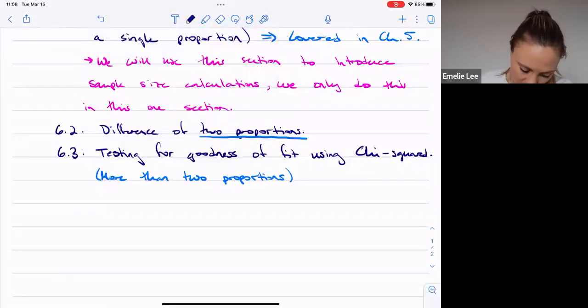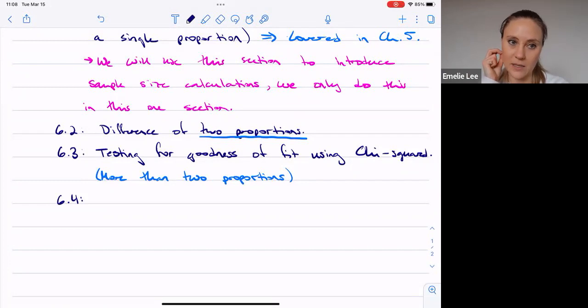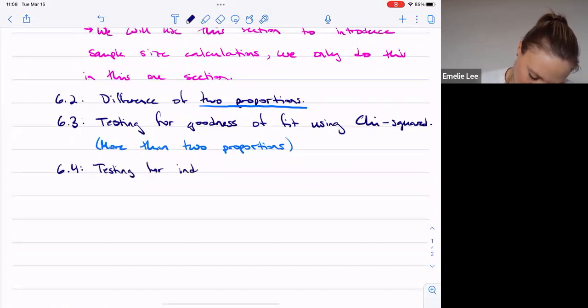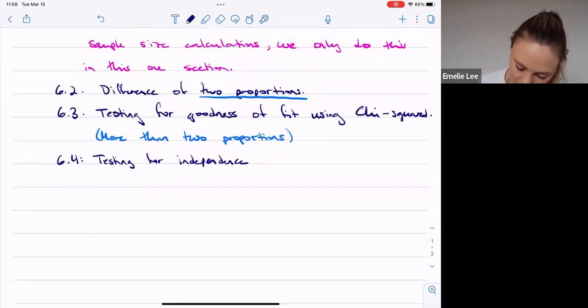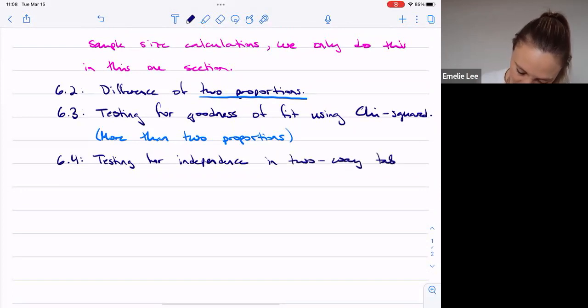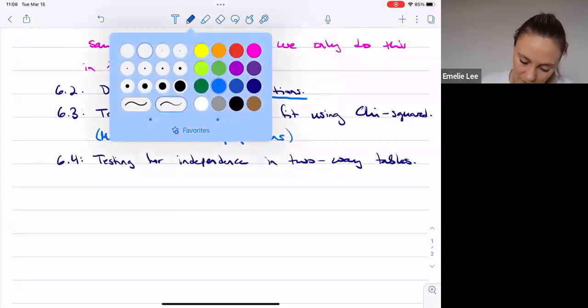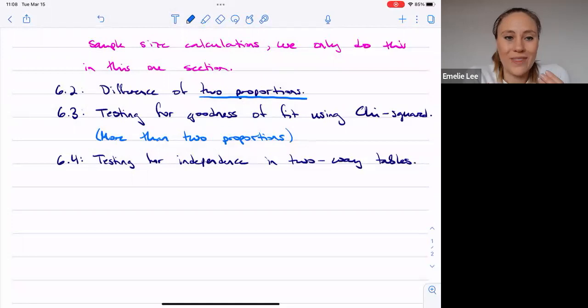But then we're also going to be able to test for independence in two-way tables. What this means is that we'll be able to consider more than one categorical variable.